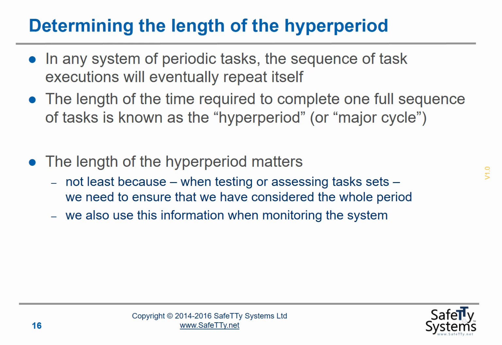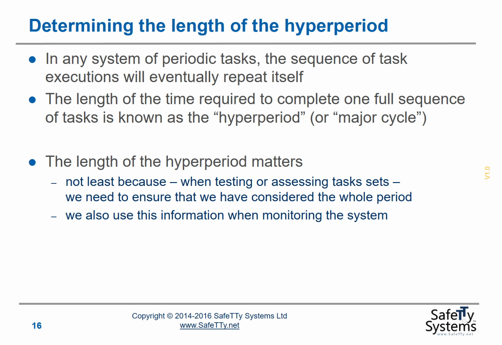The length of the hyperperiod matters because this is used when we're testing or assessing our task sets. We need to ensure that we've considered the whole period that the task will execute for. We also use this information when we're monitoring the system. So we need to know how long the hyperperiod is.